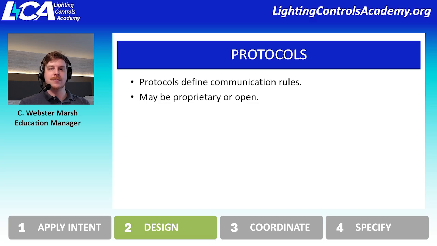In North America right now, a lot of our systems operate on a proprietary protocol. As a result, you might be able to have brand X's lighting controls devices on your project, but you can't just grab brand Y's devices and expect them to communicate with brand X's system because they're using a proprietary protocol.